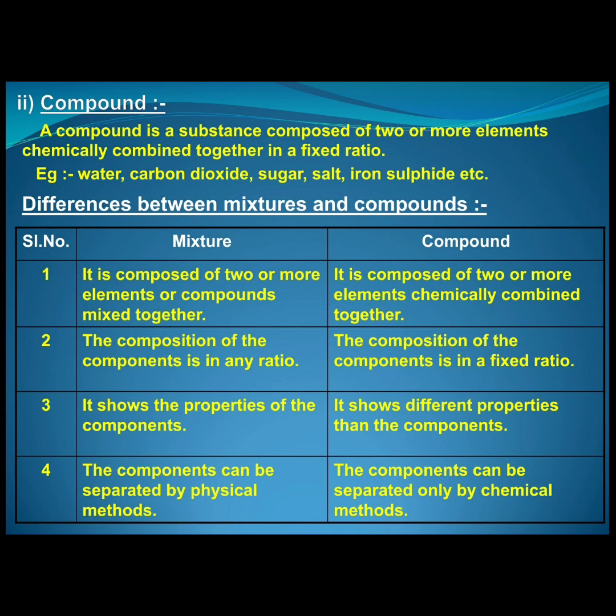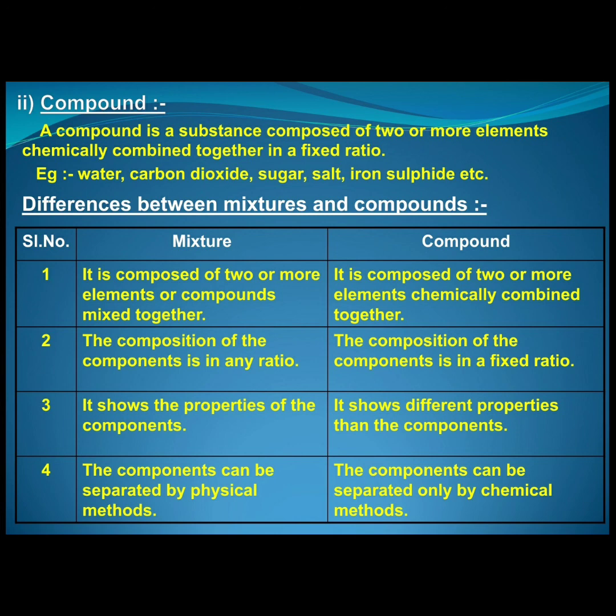Next, the components of a mixture, they show their individual properties. Like sugar is sweet in taste, and if we are dissolving it in water, we will still feel that it is sweet in taste. But in case of compound, the properties of elements are so blended together that they don't resemble the parent.